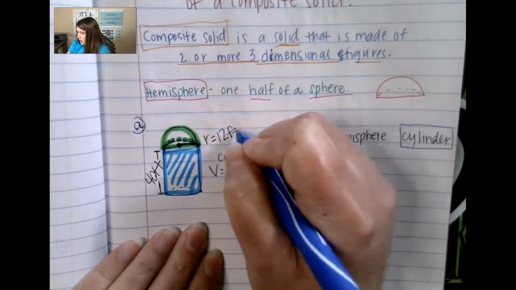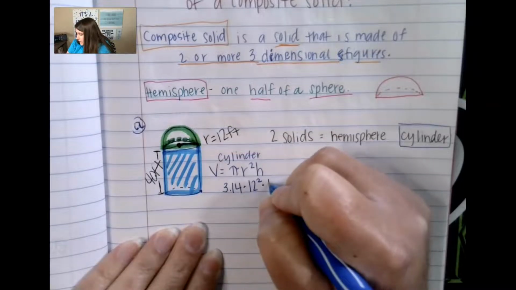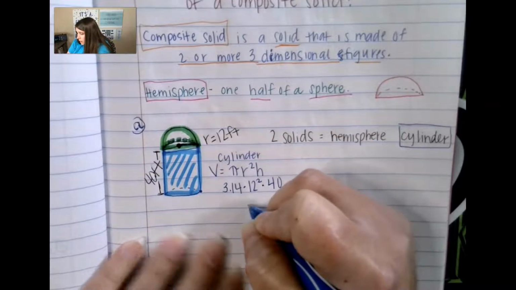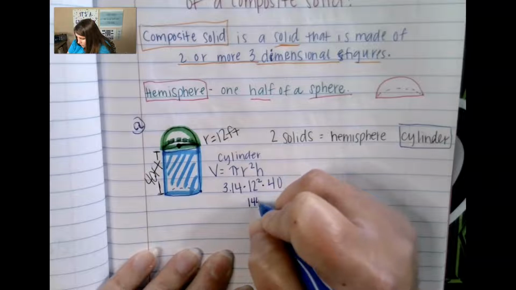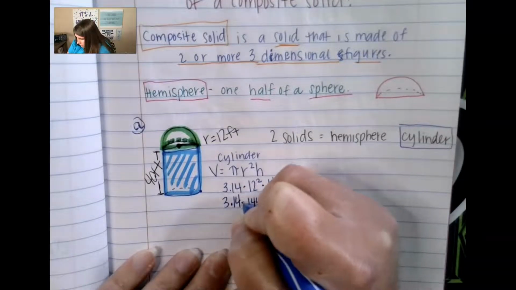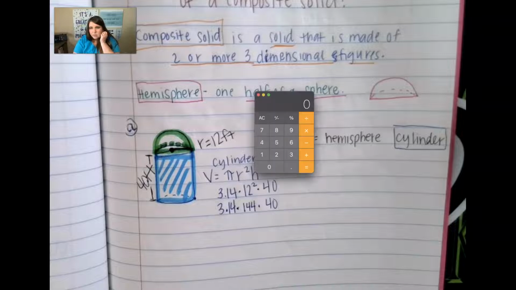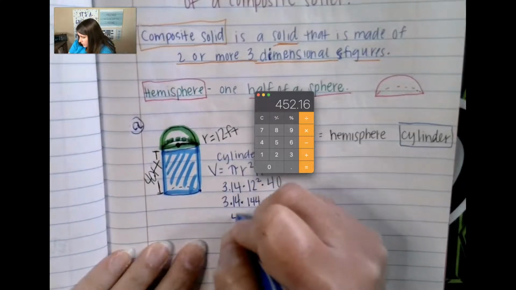Our r is 12, so we use 12 squared, and our height is 40. 12 times 12 is 144, times 40, times 3.14. Let's use the calculator. 3.14 times 144 gives us 452.16.